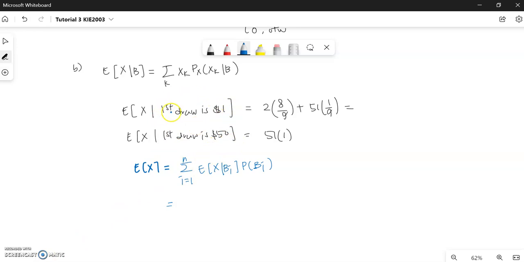For the first draw being 1, we have the conditional expected value, which we didn't solve, so I'm just going to rewrite it, multiplied by the probability of getting 1 at the first draw, which is 9 over 10, plus the second conditional expected value, 51, multiplied by the probability of getting 50 at the first draw, which is 1 over 10. Okay, so you need to solve this.